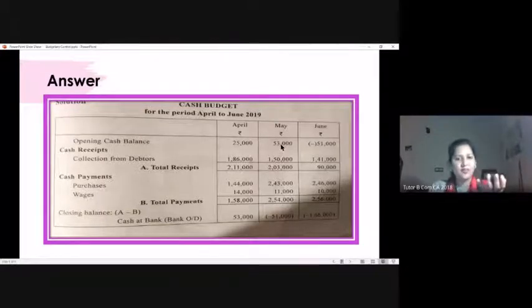Now, the same way as we did for the month of April, 50% of April and 50% of March. That's the total which we get here. We get the total payments and total receipts, and then purchases. Of course, we know the one which comes here will be from April. Let's check whether it is correct.